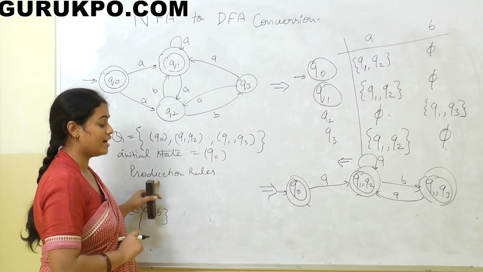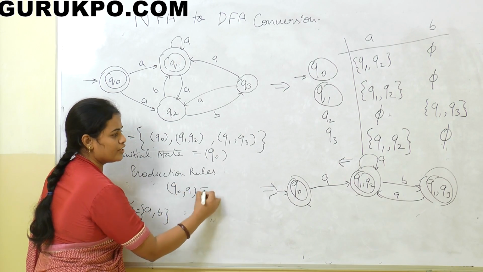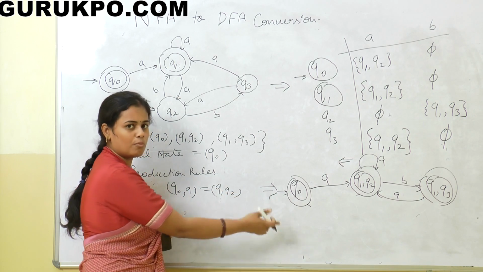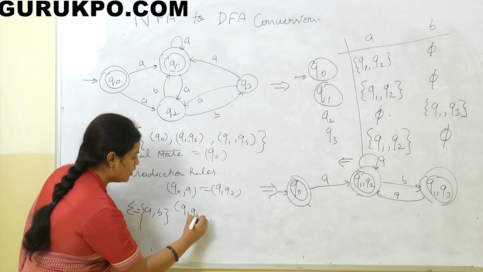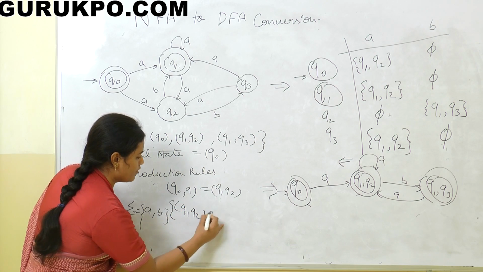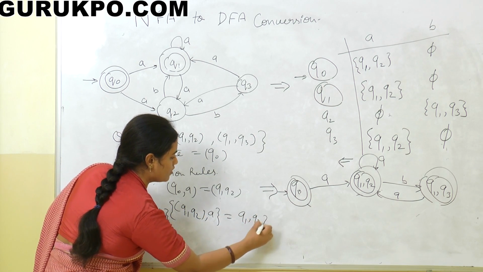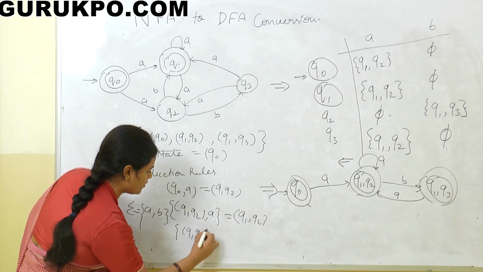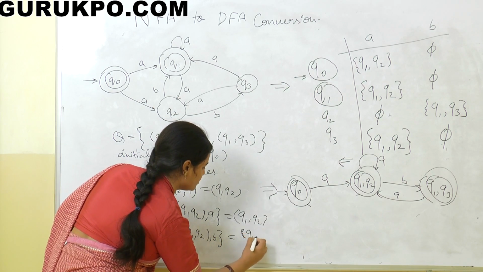Now production rules are: at state Q0, I am applying A, then I am reaching the state Q1, Q2. I am not applying B because we have removed that null state. At state Q1, Q2, I am applying A, then I am reaching the state Q1, Q2 itself. When at state Q1, Q2, I am applying B symbol, I will reach the state Q1, Q3.